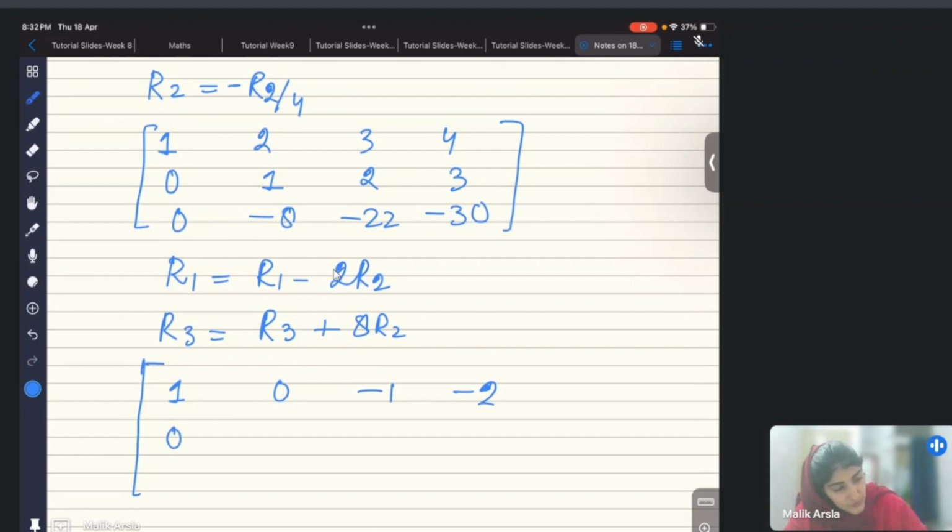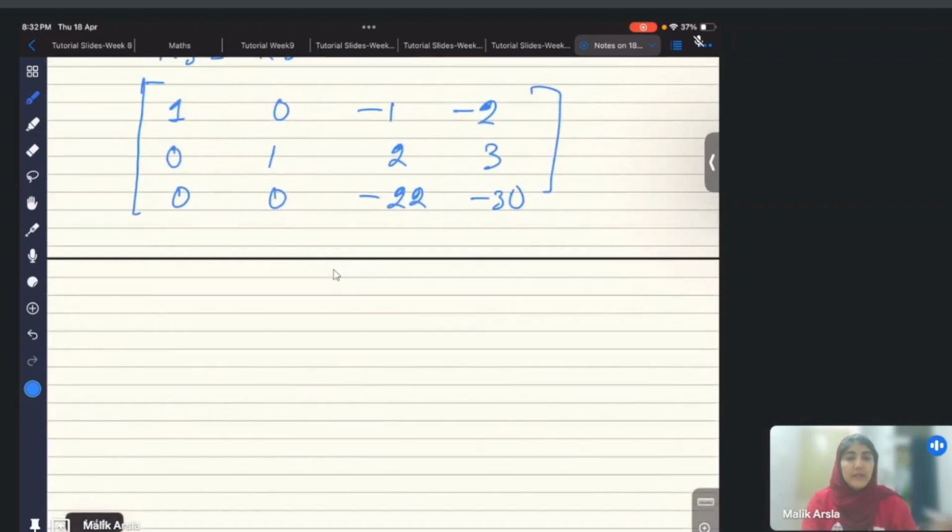The second row remains unchanged, and in the last row, minus 8 plus 8 is 0. I hope it's clear till now.